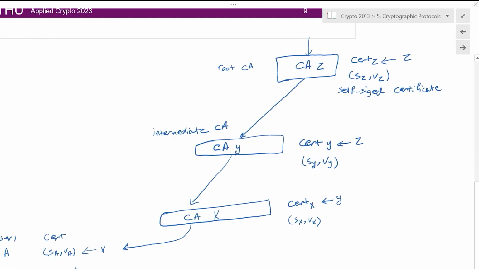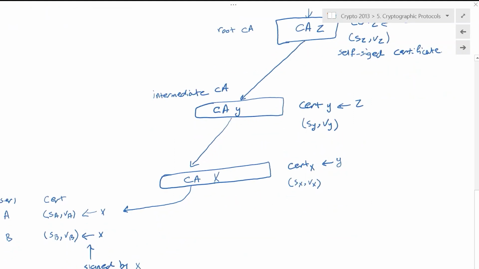Somebody comes with certificate Y and says, hey, this certificate Z signed me, and then you can use the verification key for Z to verify whether the certificate of Y is valid or not. And then X is claiming that certificate authority Y created the certificate for me. So again, you can use this verification key of Y to verify the validity of the certificate.